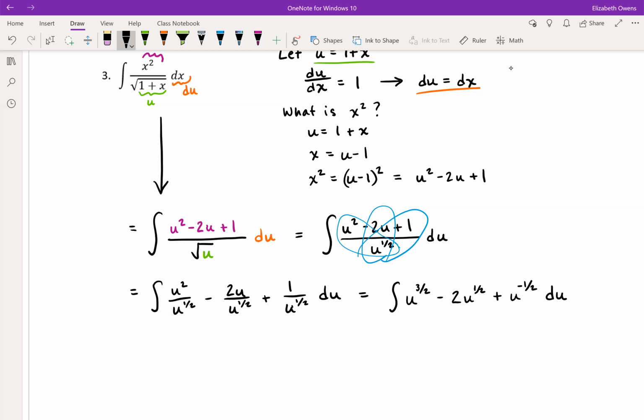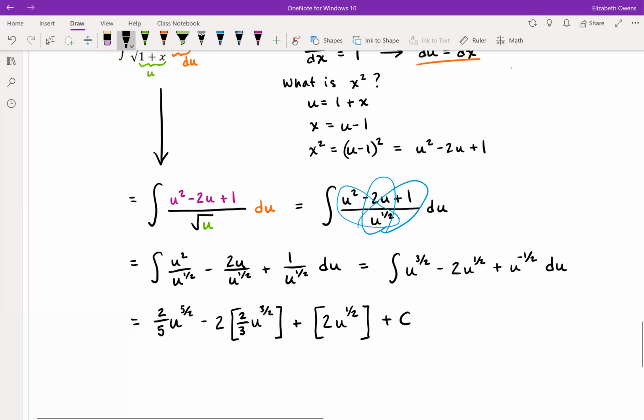So much better. So we would end up with u to the 5/2, throw a 2/5 out front, and then minus 2 times, okay, we'd have u to the 3/2, throw the 2/3 out front there, and then plus, we'd have u to the positive 1/2 and throw a 2/1, or just a 2 out front there, and don't forget your plus c.